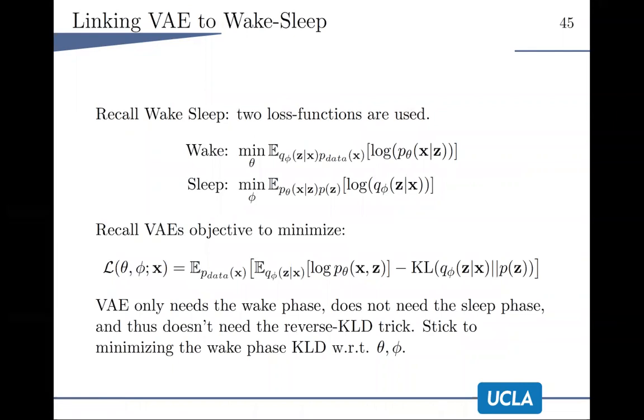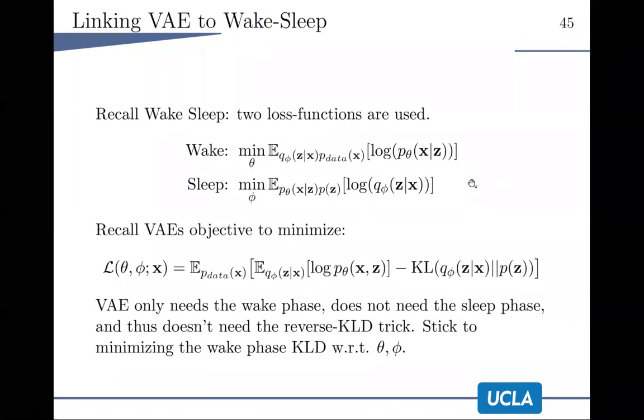Okay, and here's another point of view. We can link the VAE and also GAN to the wake-sleep algorithm. And for the wake-sleep algorithm, recall that we have this kind of distribution, and we have this kind of expectation to compute, and we try to minimize over theta or over phi in the wake and sleep parts respectively.